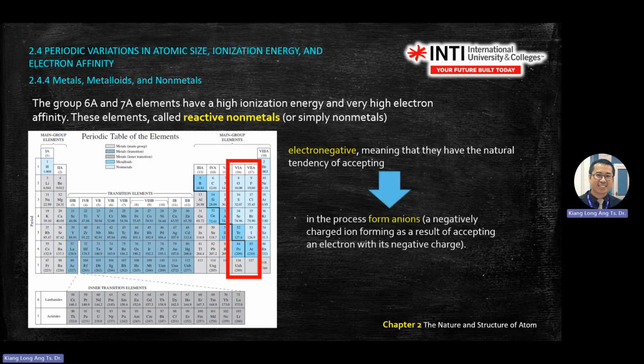So they form anion, A-N-I-O-N. So most of the time on the left-hand side, family 1 and 2, in the process you will see them become positive charge. Family 6 and 7, normally in the chemical process, you see that they will become negative charge.